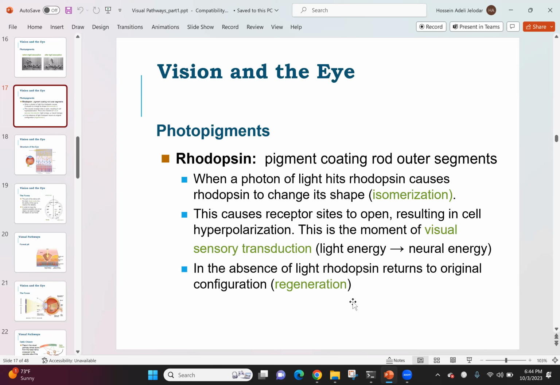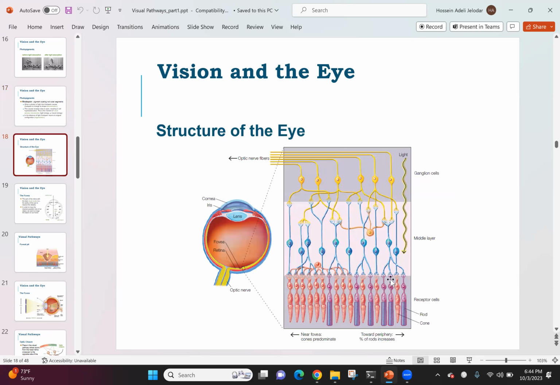Questions? Yeah. Would you say it's sort of like how an action potential works? Action potential in what sense? So the photoreceptors have action potentials, right? All these cells have action potentials.